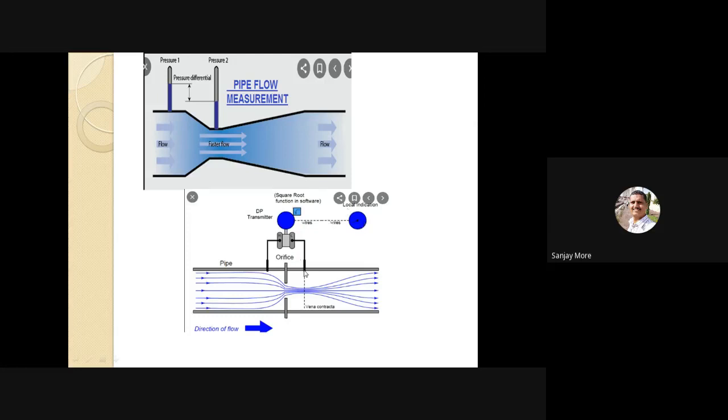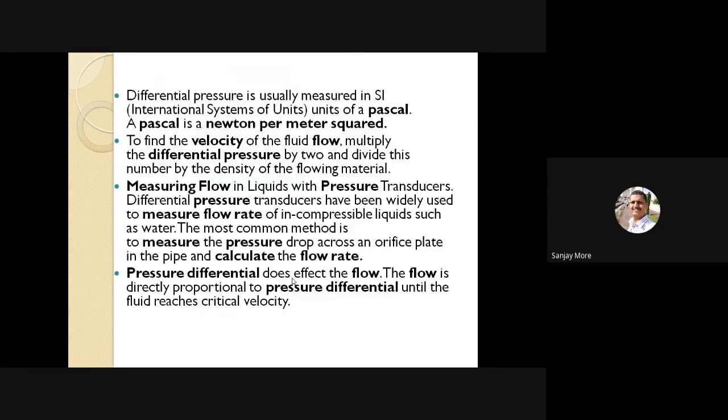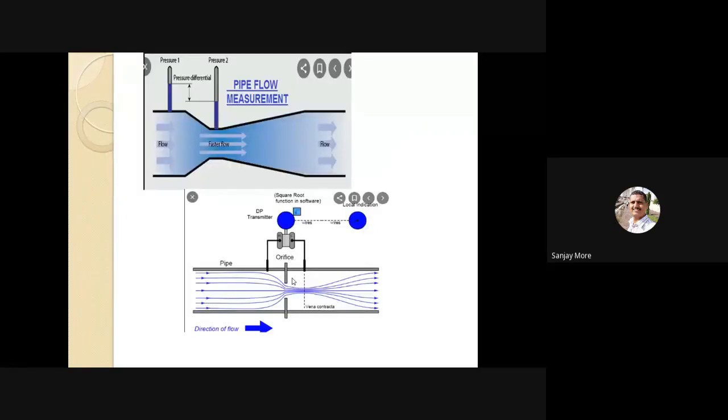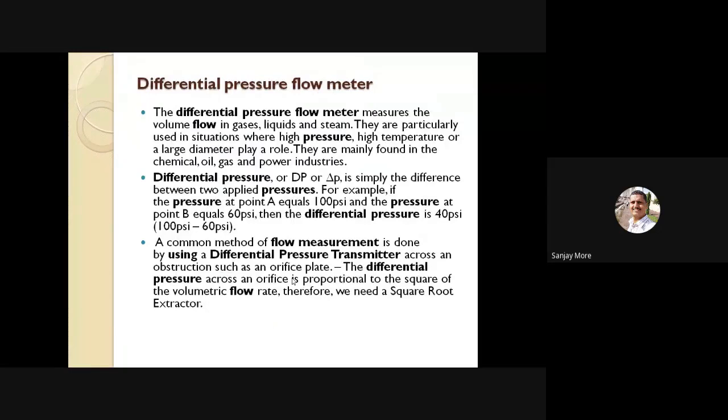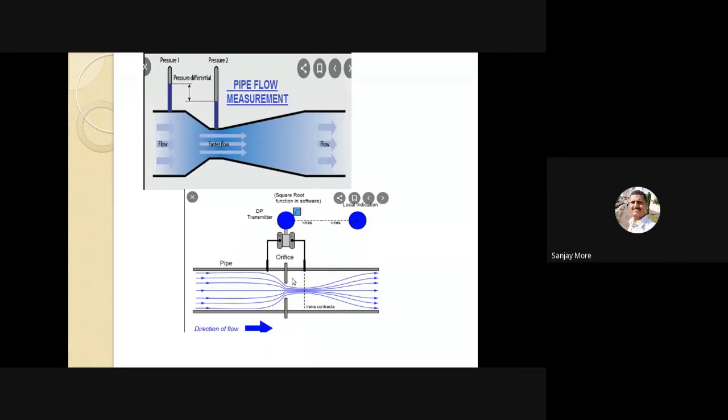Then here a second vena contracta is used to measure the pressure after the fluid passes through the orifice. So under the heading differential pressure flow meters, draw this diagram within 5 minutes. Draw it fast.